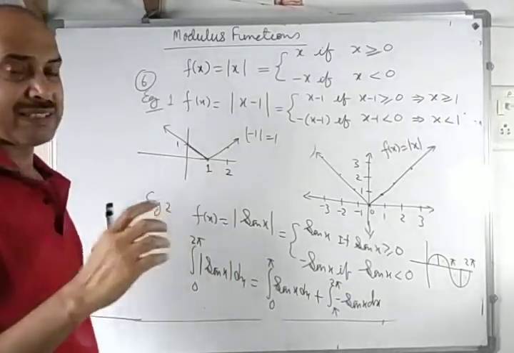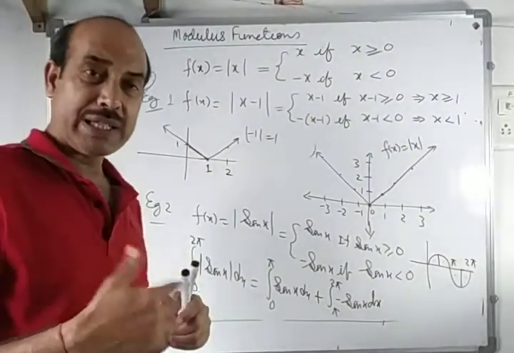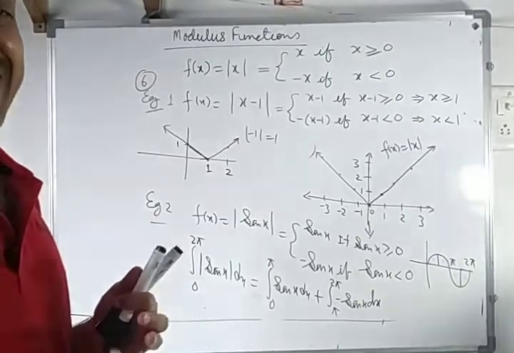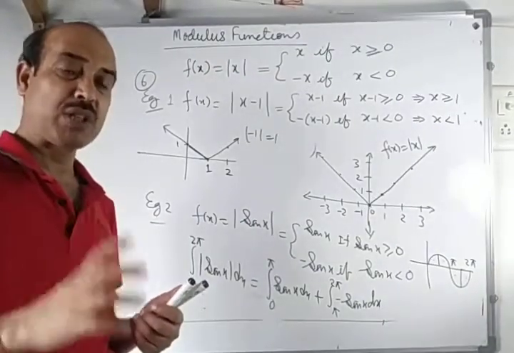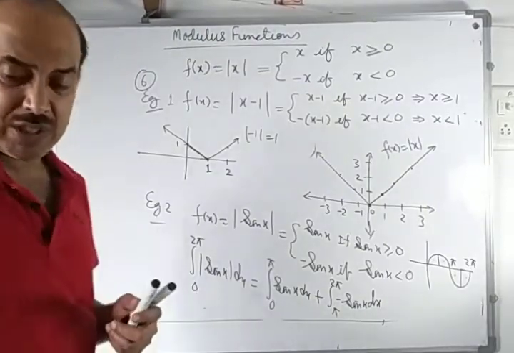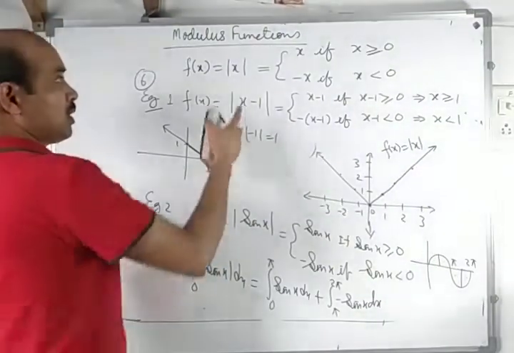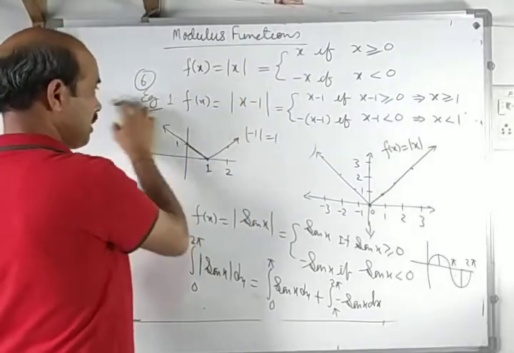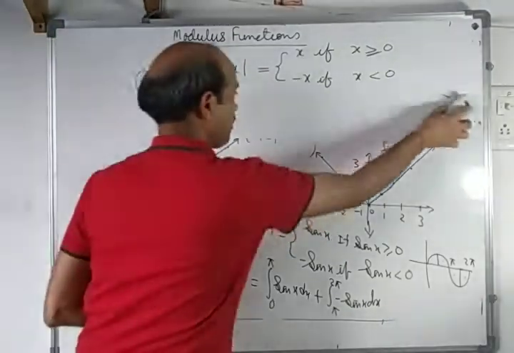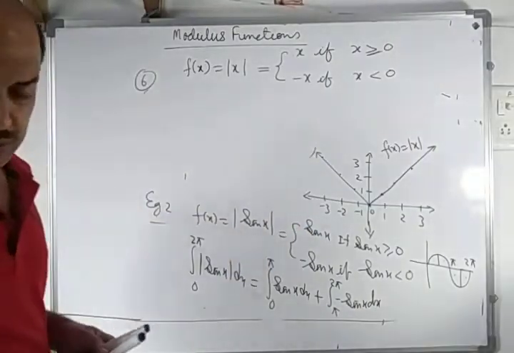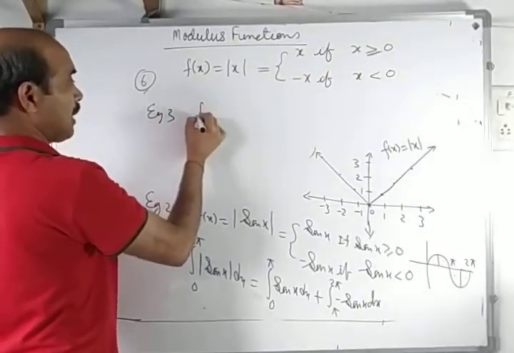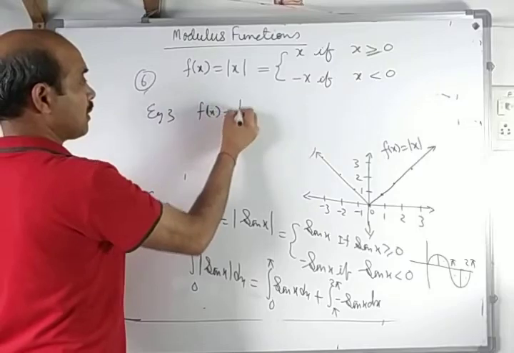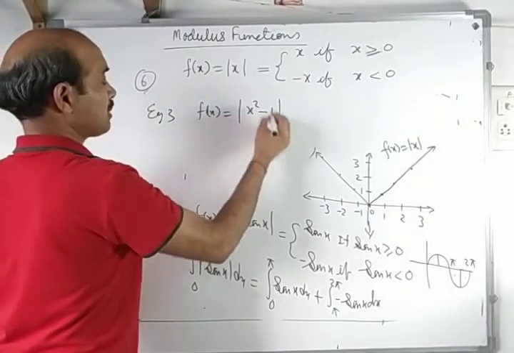So these are some examples with basic details of this function. I hope you can understand what a modulus function is. Any kind of function you can split in these two ways, even if it is in squared form, like mod of x square minus 1.